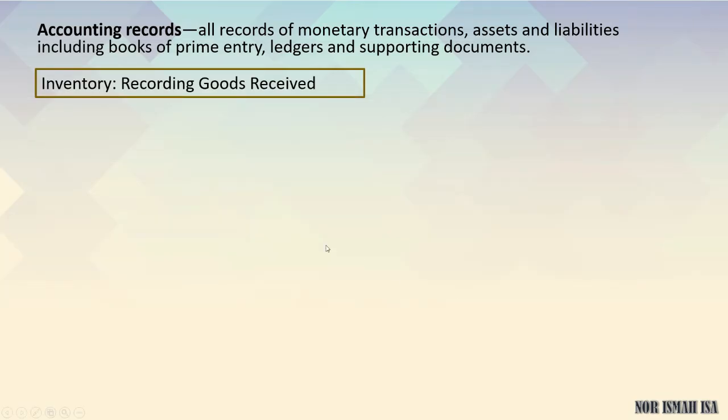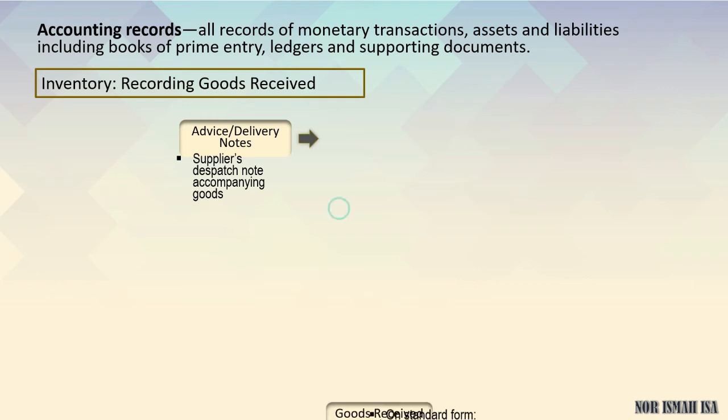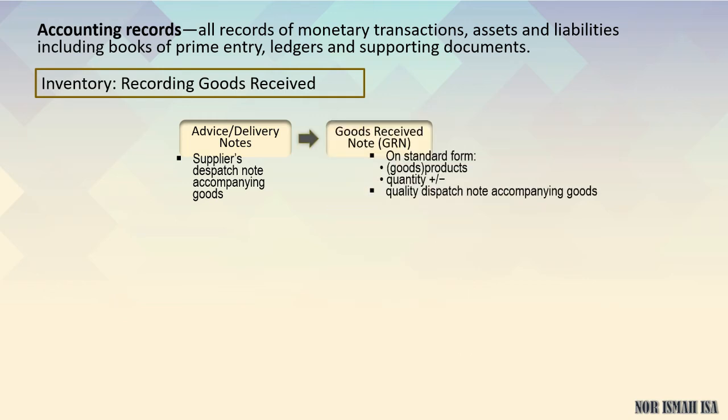Now let's go to the procedure on recording goods received. Upon receiving the delivery note with the goods, the buyer will produce a goods receipt note stating the goods that have been transferred, the quantity, and the specification of the goods.